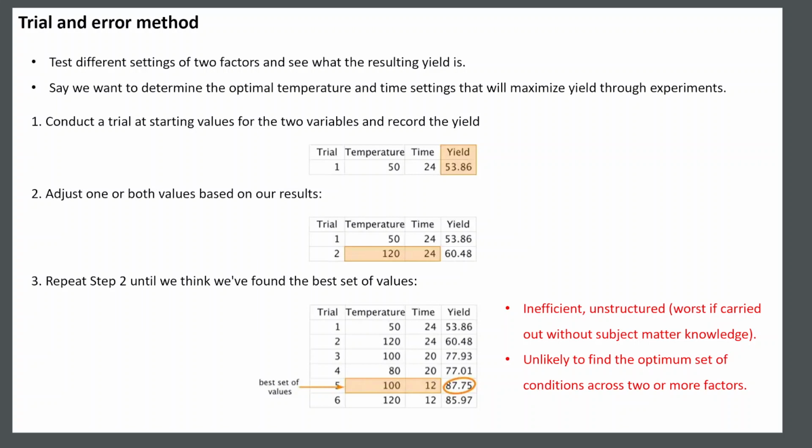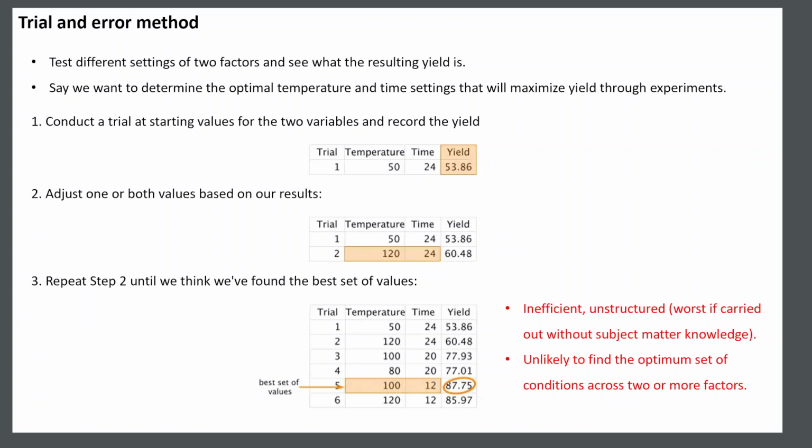Here it doesn't have any proper structure. It is inefficient and unstructured. If you don't have the understanding behind this process, then we can't even tell whether this is optimized or not. And it is unlikely to find the optimal set of conditions across two or more factors.